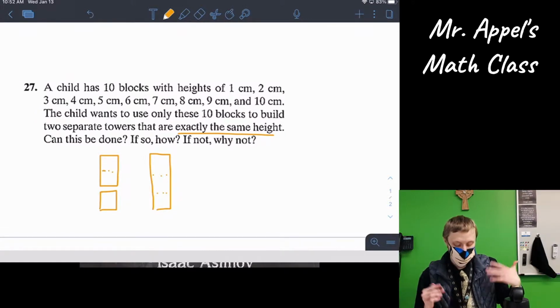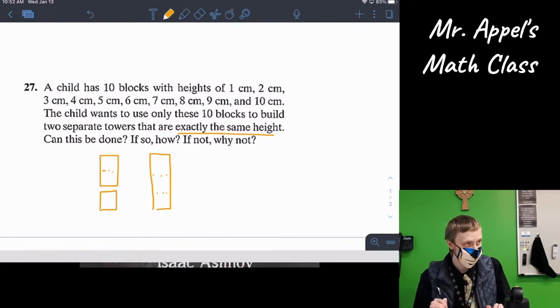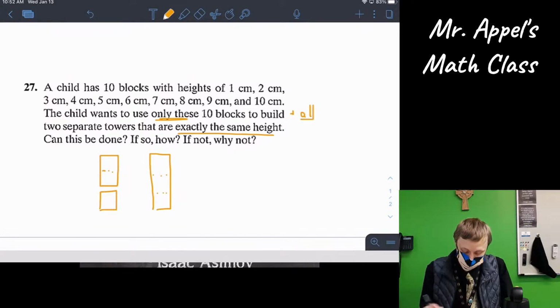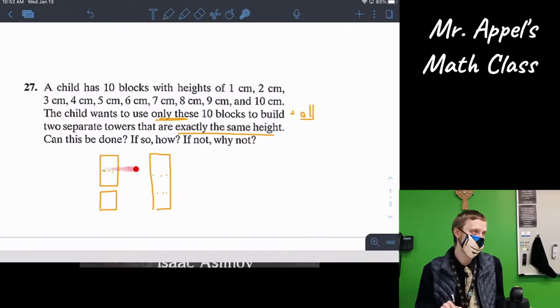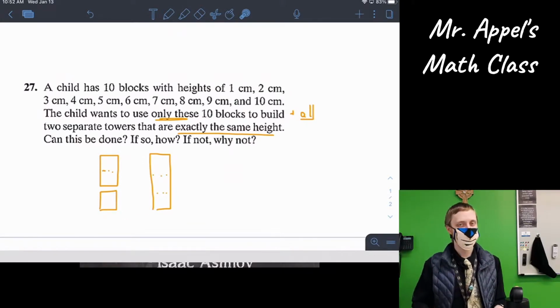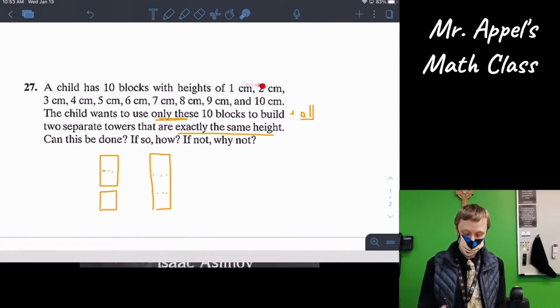Can you use all the blocks? All of them. It says only these 10 blocks, but it should also be all the blocks. Because otherwise I'm done. I've got the simplest possible result there. But this will give you an idea of what we're aiming for. Find 2 different ways to make the same combination out of these numbers.